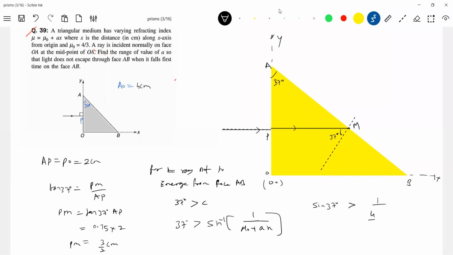Mu naught is how much? 4/3. So this X, shall I write it equal to PM? Okay, solve this now. So we'll get the value of A.